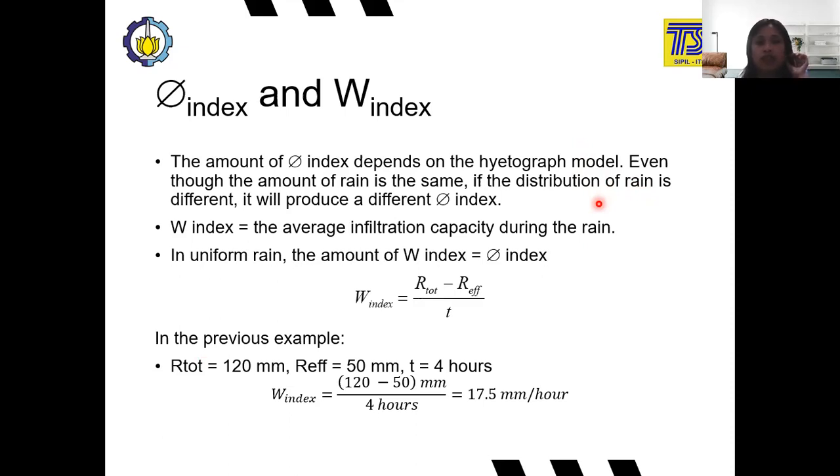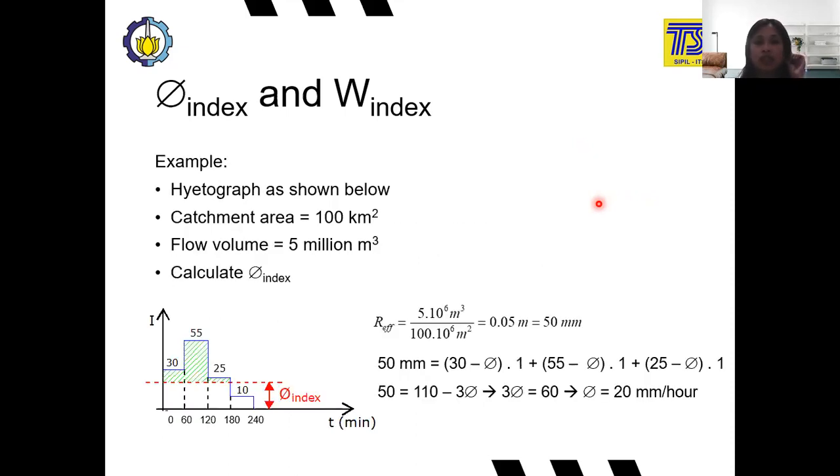For example, here we have the hyetograph model right here. If the amount of the rainfall is the same, for example, it is also 50 millimeters, but the distribution of the intensity is different, the V index will also be different, because it depends on the distribution of the rainfall intensity on each duration of the rainfall.